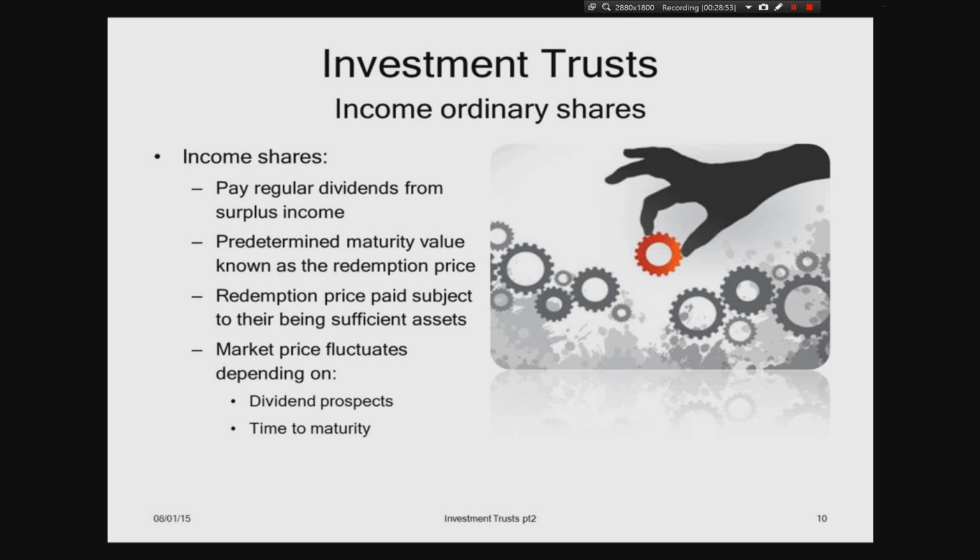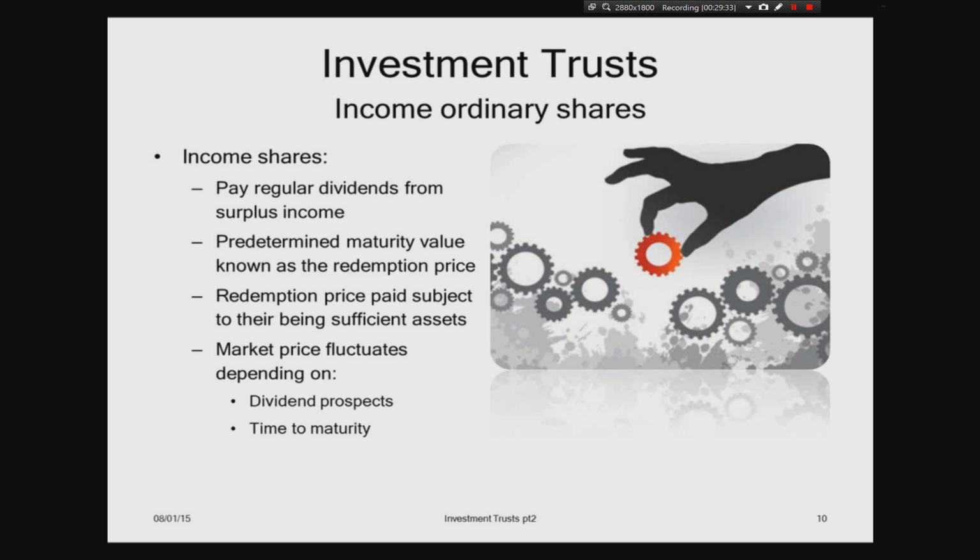The redemption price is paid subject to there being sufficient assets remaining after debts and other preferred classes of share having been paid out. The market price of income shares fluctuates above and below their redemption price, depending on the prospects of dividends being paid and the time left to redemption. Some income shares pay high income, but only have a nominal redemption value, for example 1p, whilst others may offer a return of the initial investment capital, but a lower income return.